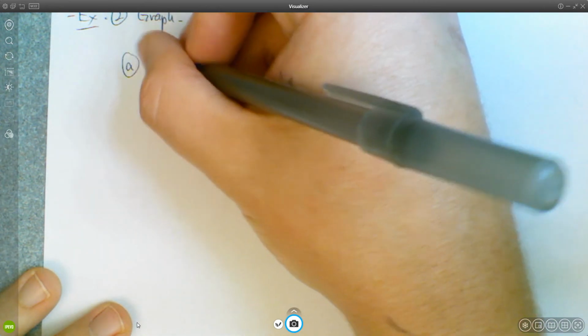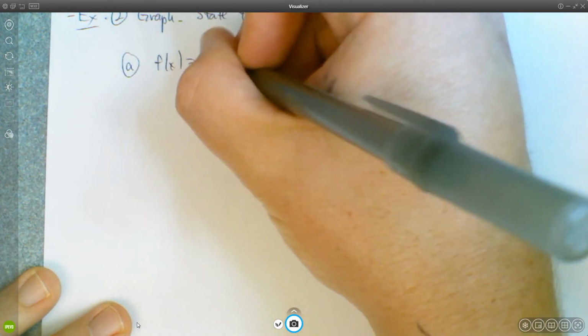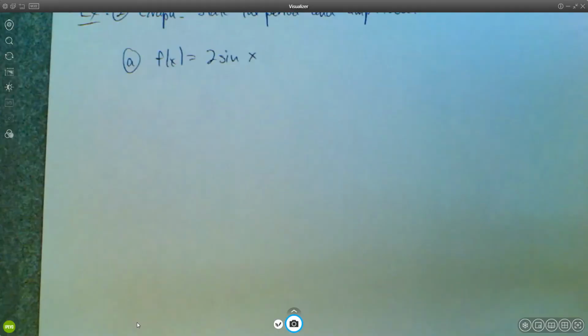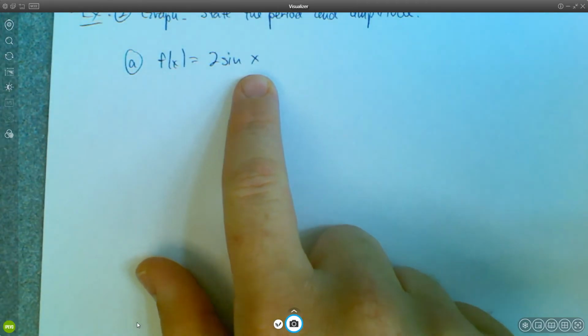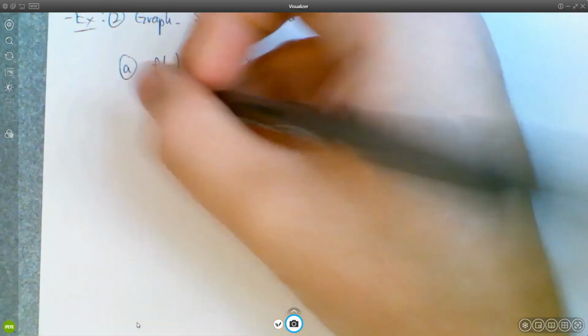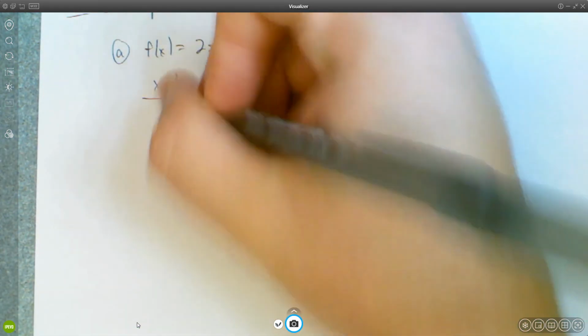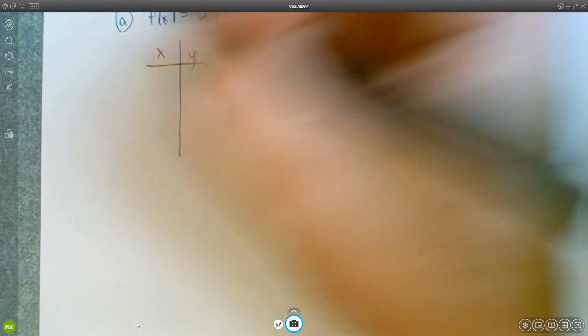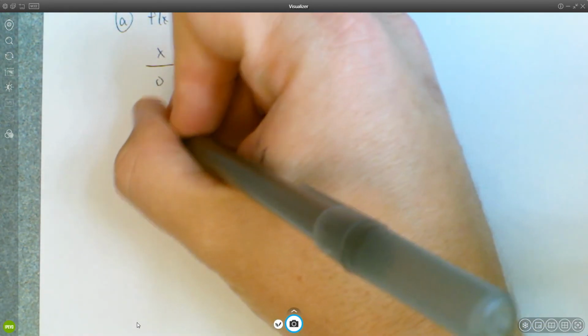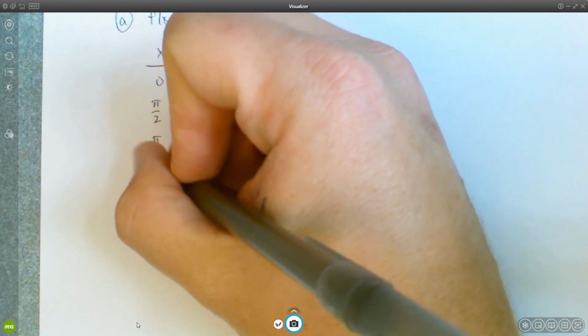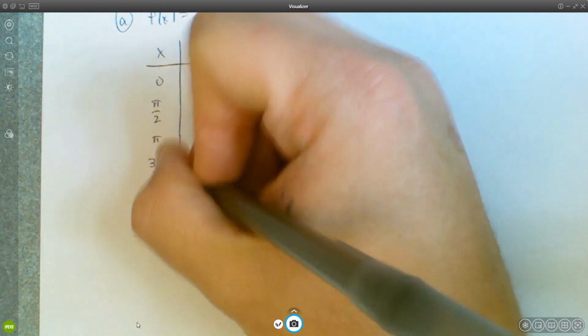Let's do this for f of x equals 2 sine x. So a relatively simple one. Okay, there's really no work to be done for the period or anything like that. I mean, we know that the 5 special points are 0, pi over 2, pi, 3 pi over 2, and 2 pi.